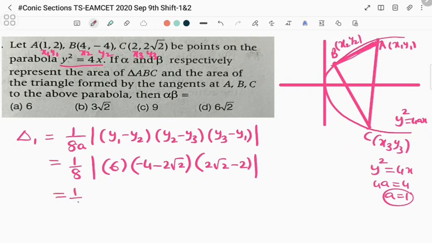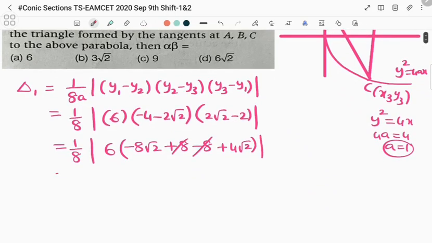So 1 by 8, 6 into the actual multiplication: minus 4 into 2 root 2 minus 8 root 2, minus 4 into minus 2 plus 8, and 2 root 2 into 2 root 2 is root 8 into root 8 is 8, minus into minus plus 4 root 2.